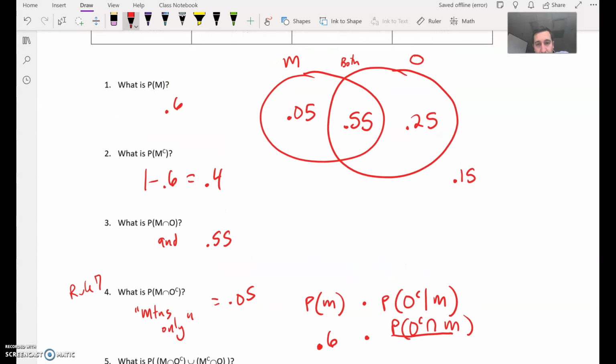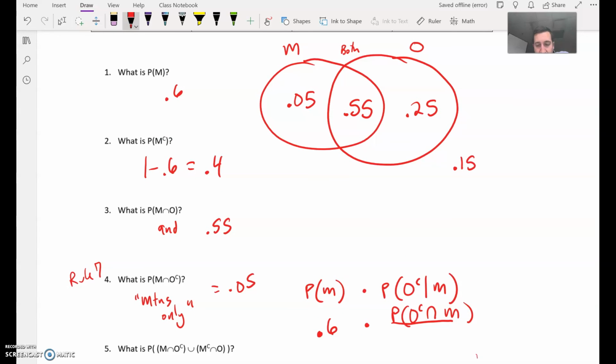Well, that's 0.05. So that's going to be right here. Divided by the probability that somebody likes mountains, which is 0.6. So real quick before we run out of time, 0.6 times 0.05. I ran out of time. Just do this multiplication.